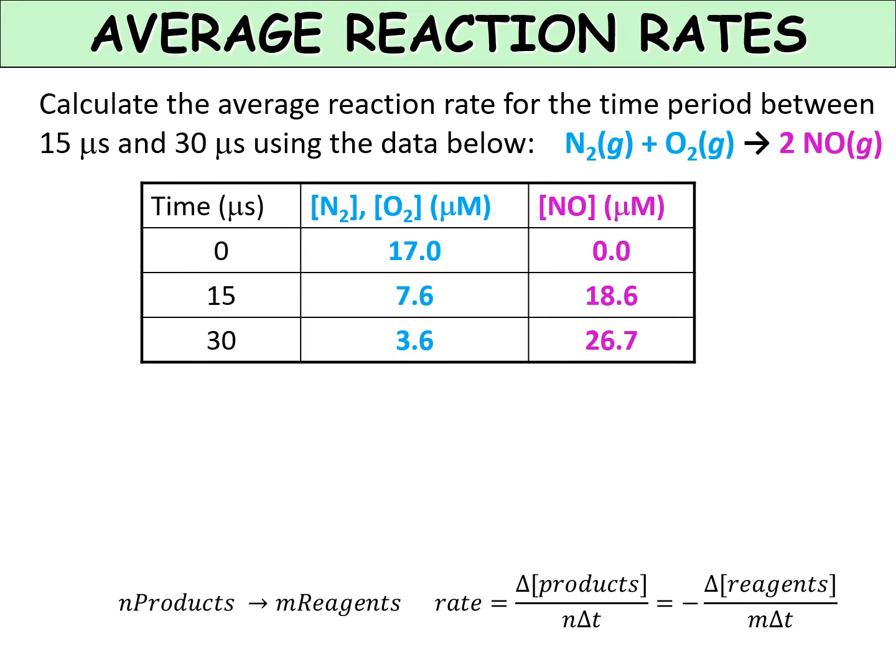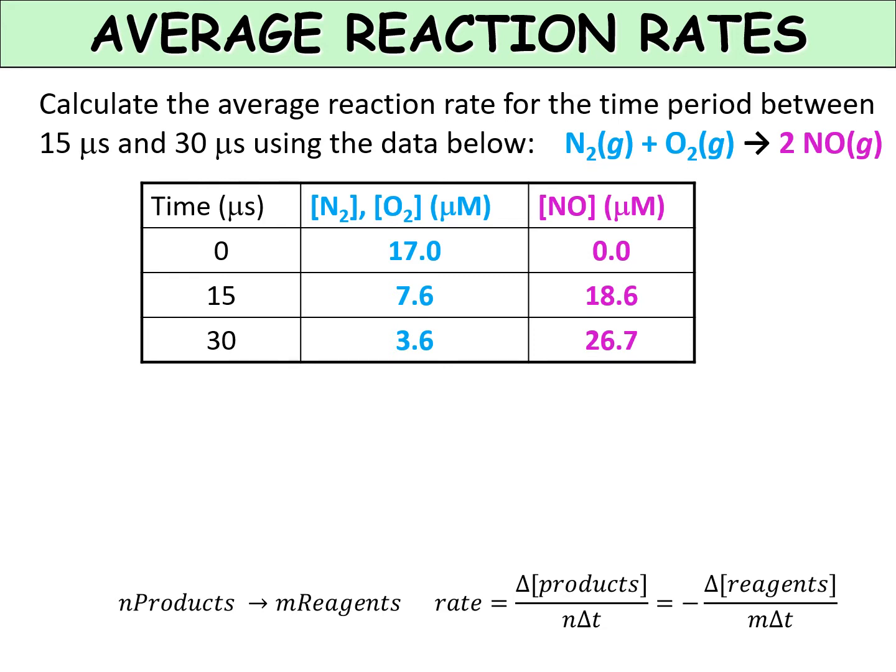Since the concentrations were always identical to each other, to save space they just wrote one column. And then they were also measuring the concentration of the nitrogen monoxide, and those are the ones here in magenta.